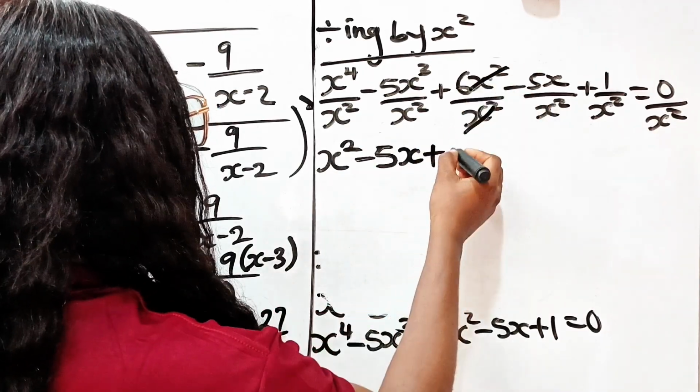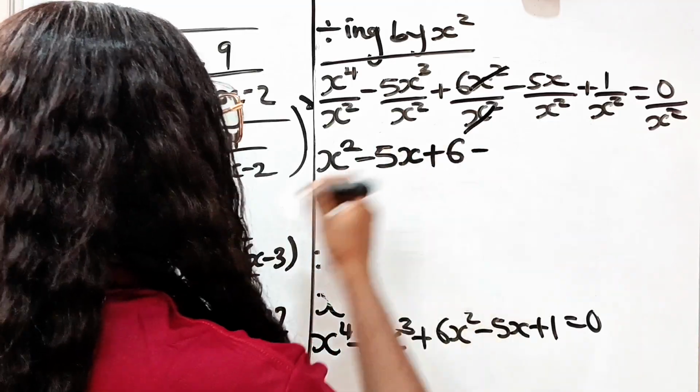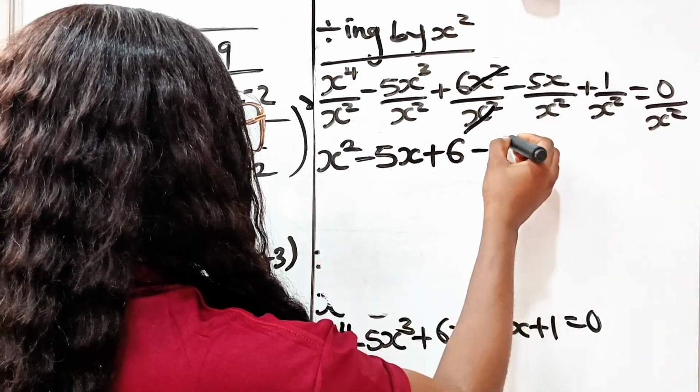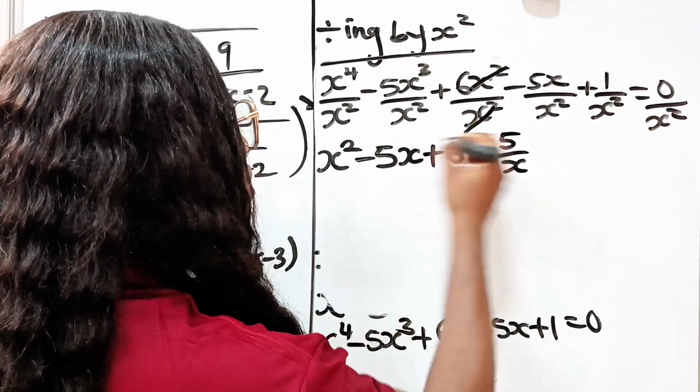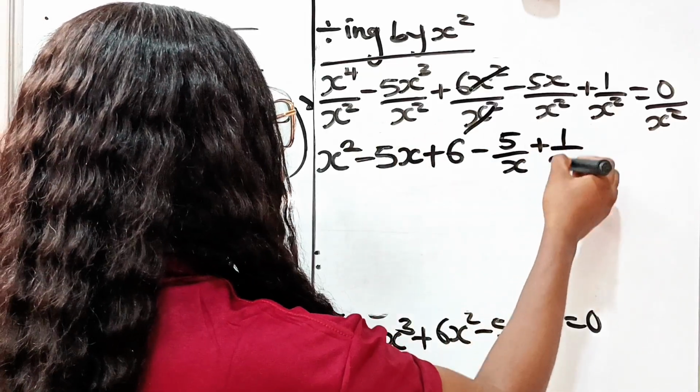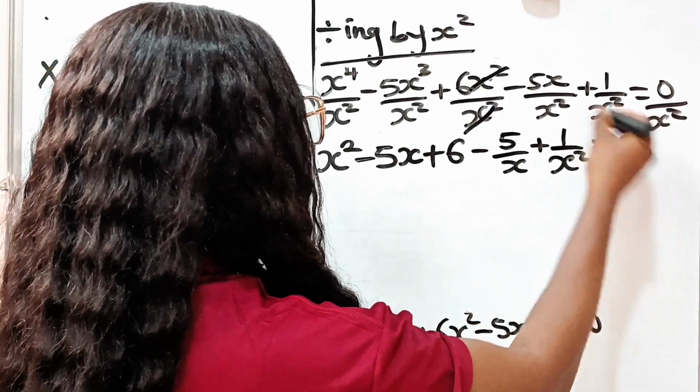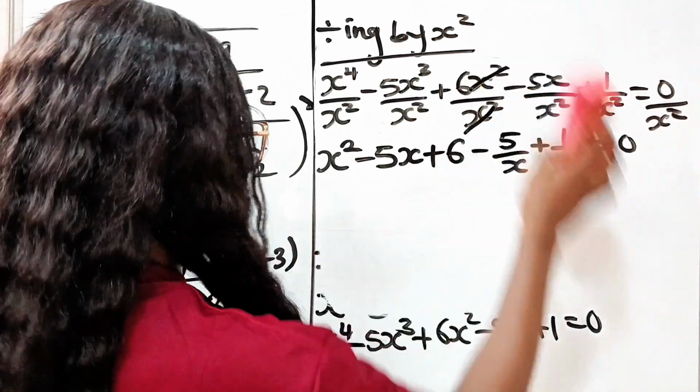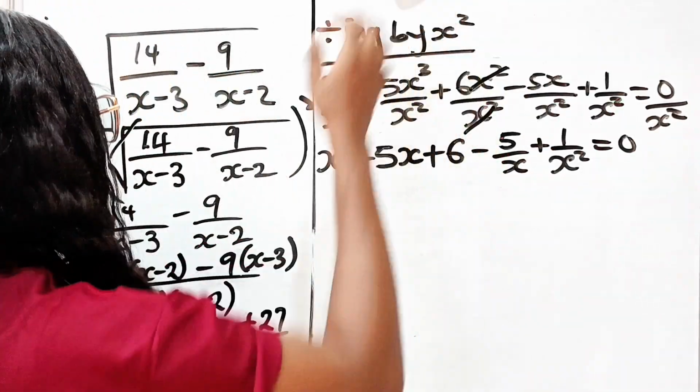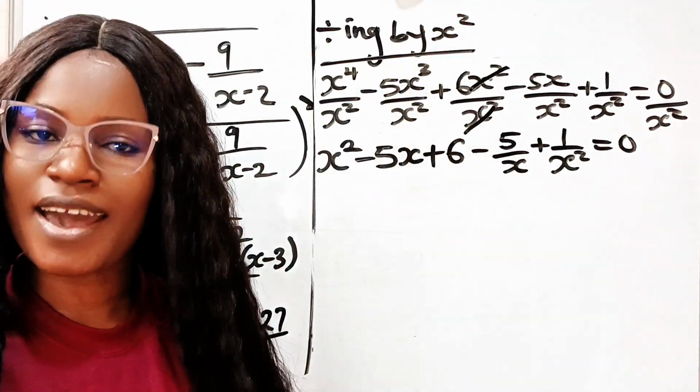Plus, this will remove this, we have only 6. Minus, this will be 5 over x. Plus 1 over x squared is equal to 0. Are you enjoying this? Yes, because I am.